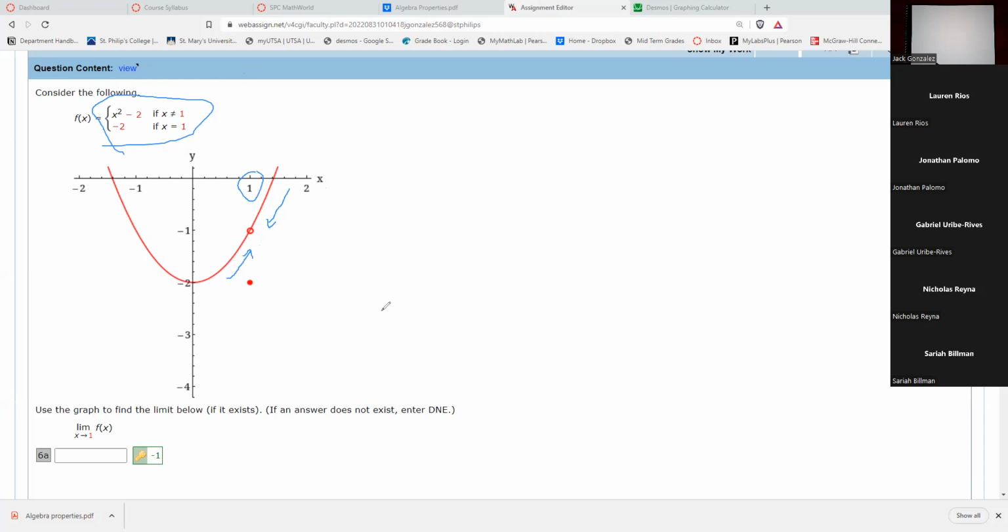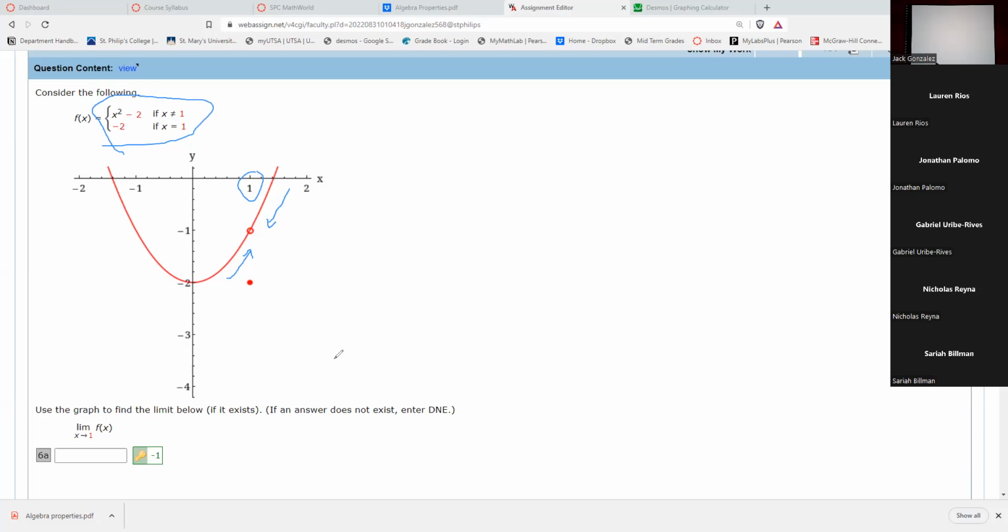What is the y value approaching as the x goes to 1? If it was a closed circle, wouldn't it be approaching -1?